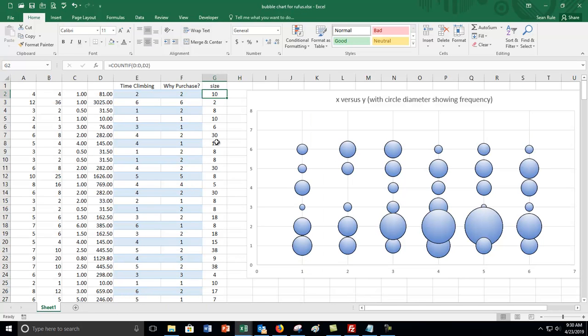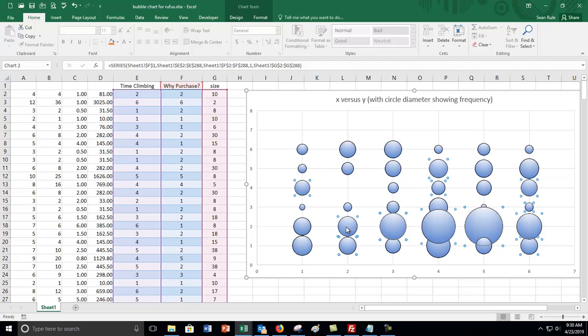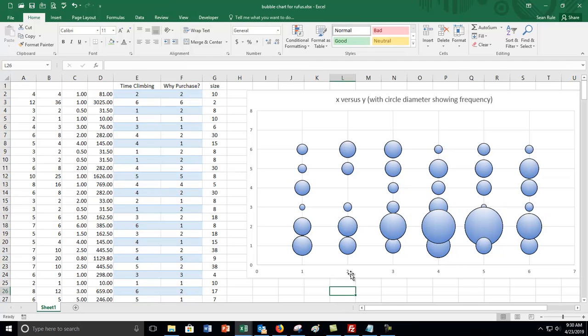It actually counts how many times these answer choices show up. So right now, this one right here is 2, 2. If they answered 2 for time climbing and 2 for why they purchased, 10 people did that. So if you come down here, that's this point right here. This point is 2, 2. If you hover over it, it should show you. There you go. Size 10.